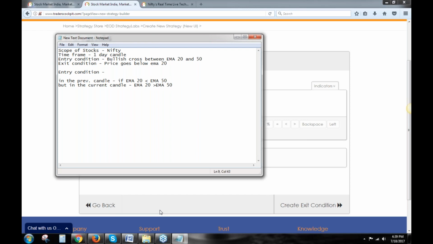Getting my point? These two simple lines: in the previous candle, if EMA 20 was less than EMA 50, but in the current candle, the EMA 20 came above EMA 50. I will explain it on the charts once for you.